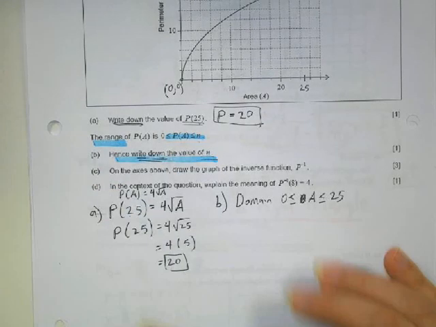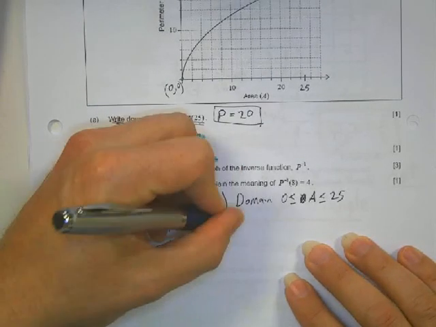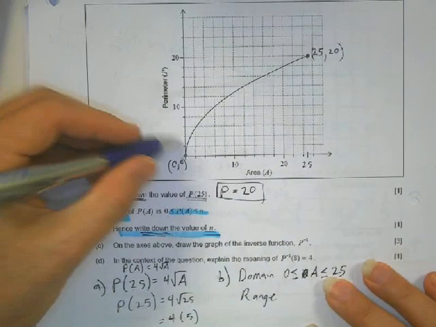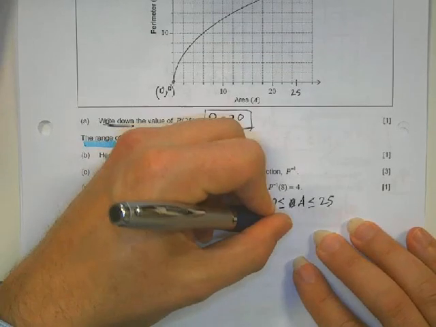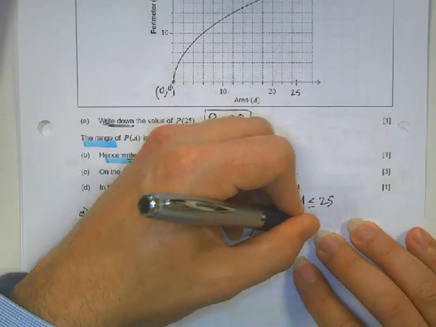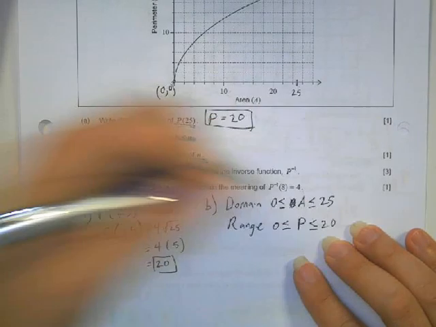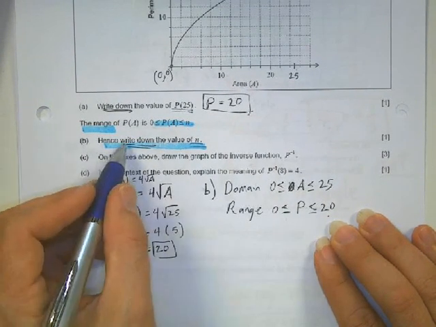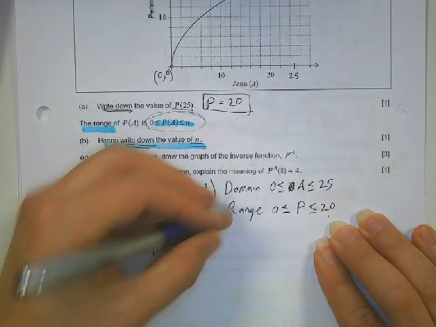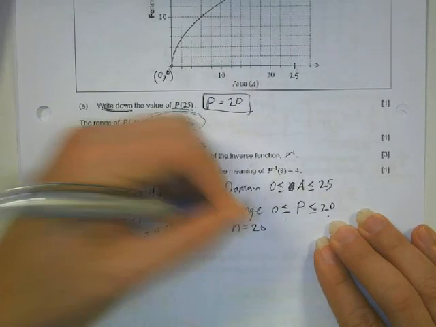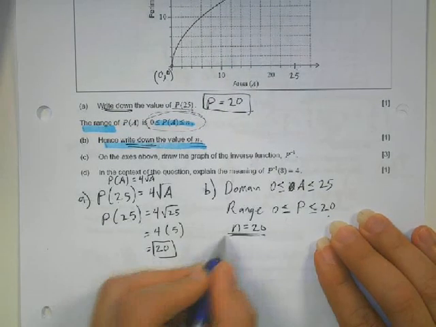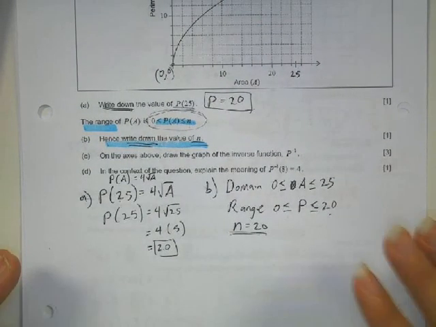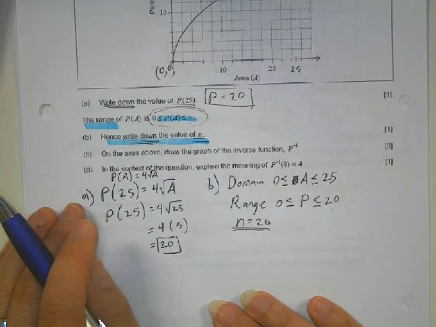So the range is our y values here. If you look here, it goes from 0 to 20. So if it goes from 0 to 20, then we know n is equal to 20. You may want to hit pause and replay to see this again, because it's kind of helpful.